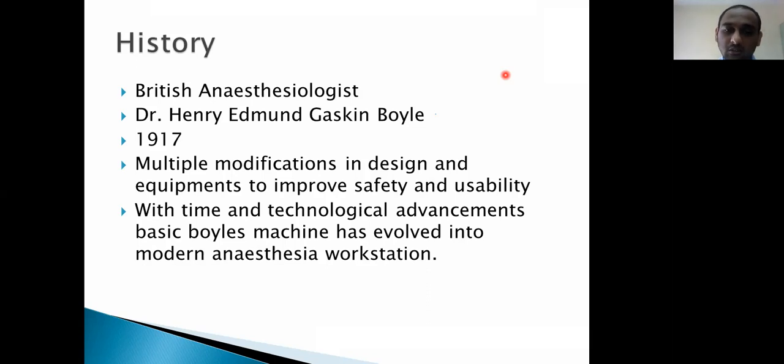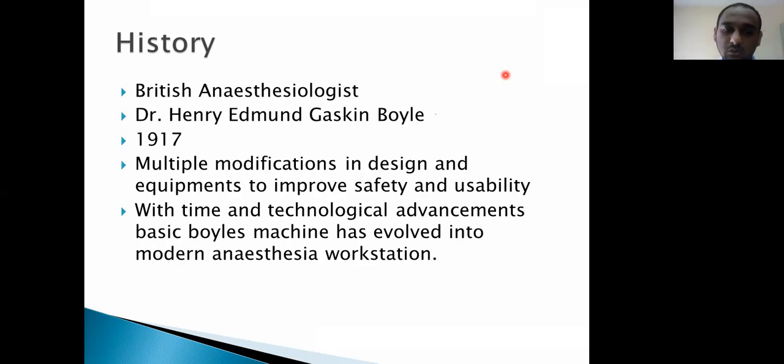Time and technological advancements. When it was introduced, there was no digital technology to help us integrate all the various gases that we were using to precisely calculate what is the percentage going. As technological advancements have taken place, anesthesiologists have integrated all those advancements and strive to make the machine better.